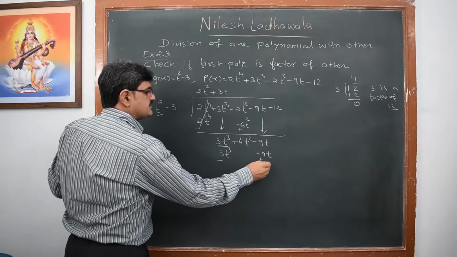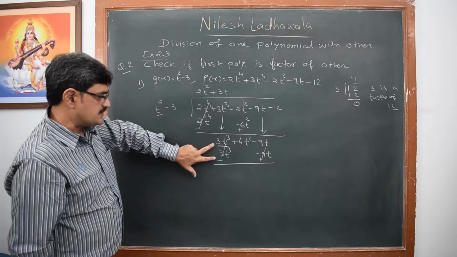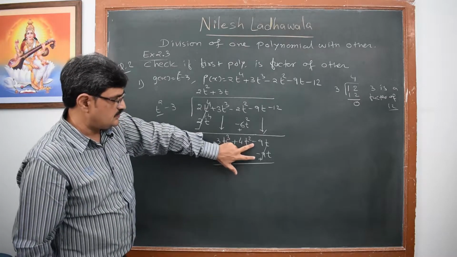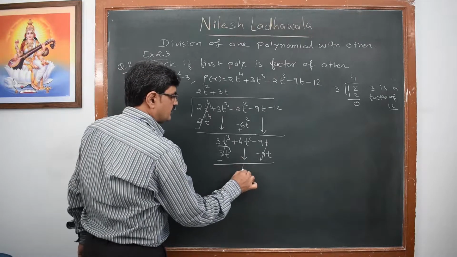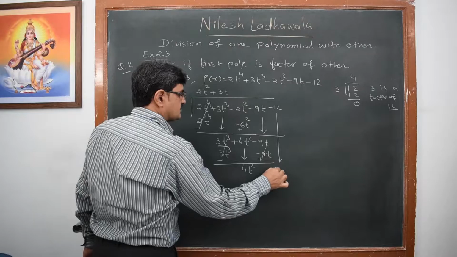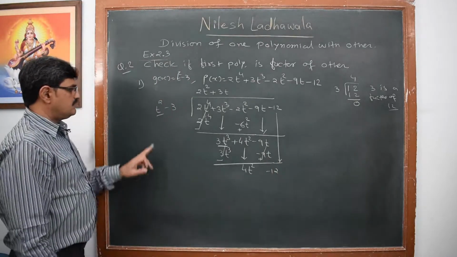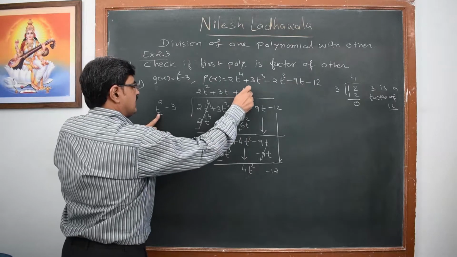Now I will change the sign here. Both the terms will be cancelled. Plus 3t cube minus 3t cube is 0, minus 9t plus 9t is 0. I have obtained here 4t square and I will obtain minus 12 here. Now here we have t square, I want here 4t square. So I should multiply it with 4.